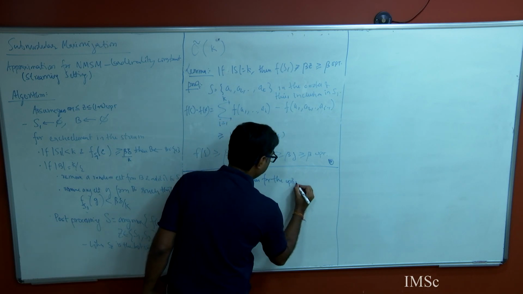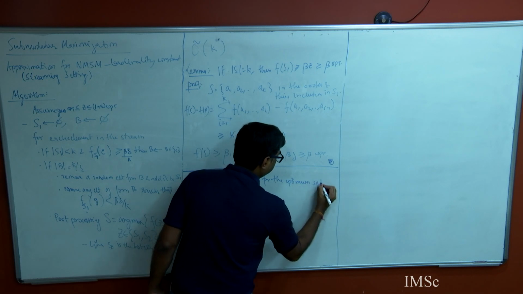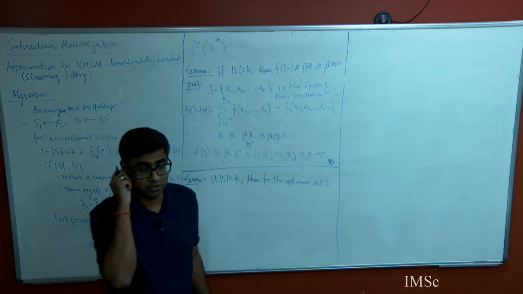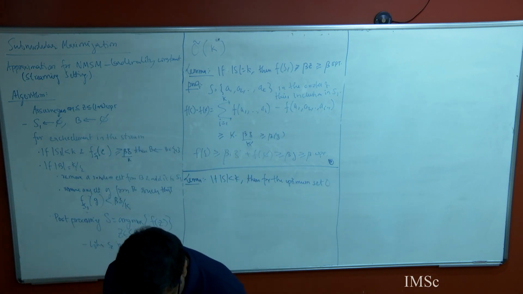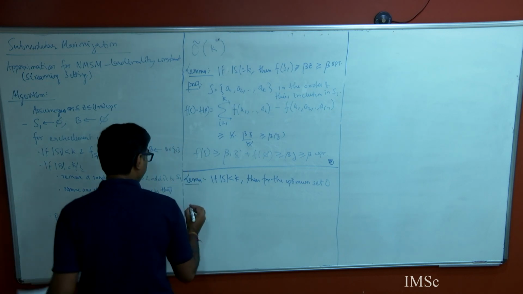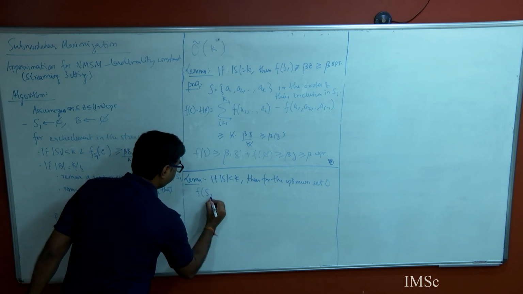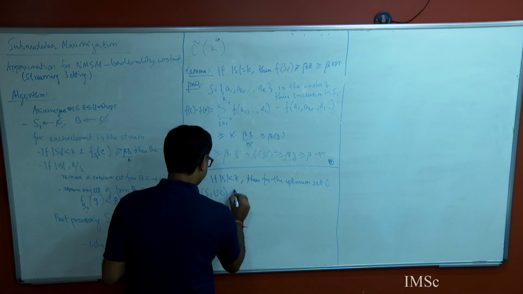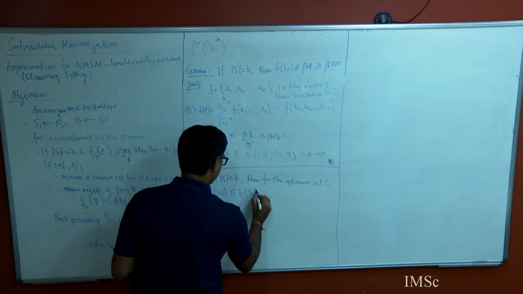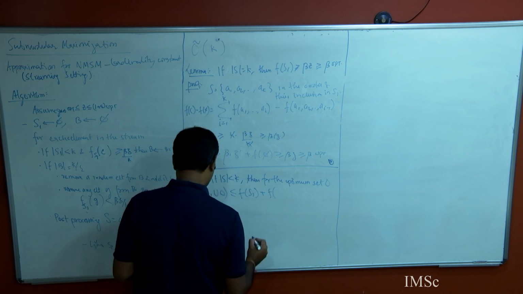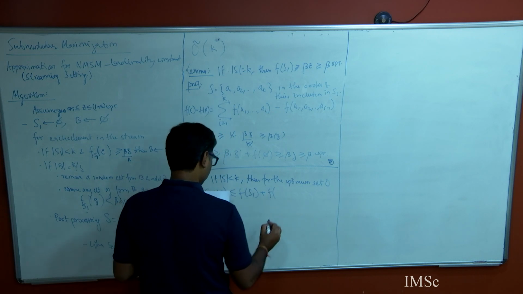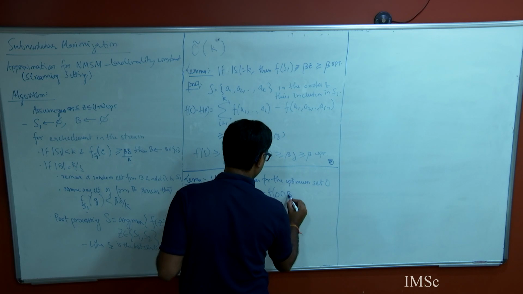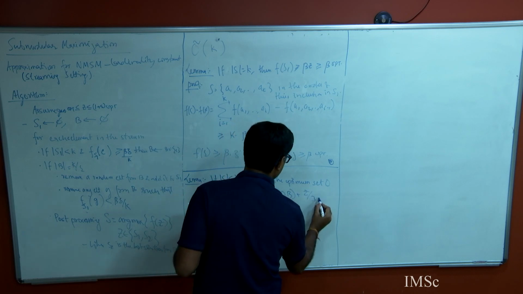Then, where O is an optimum solution, we can say f of S1 union O is less than or equal to f of S1 plus f of O intersection B plus Z by 3.